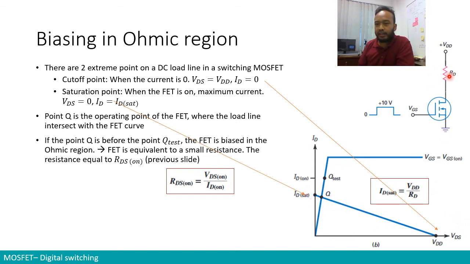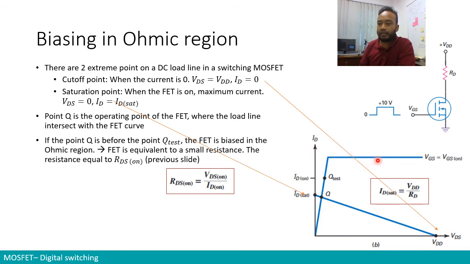If you change the value of RD between 0 to maximum, we will be moving across this load line. So this load line is depending on the value of RD, the resistor that we put onto our circuit in the drain branch. So what is our operating point? Our operating point is the intersection between our load line and the MOSFET curve.